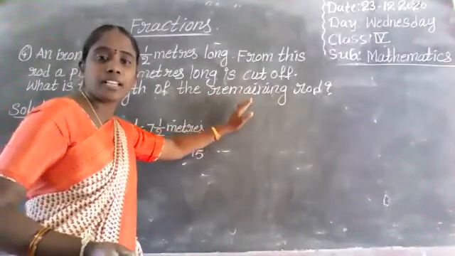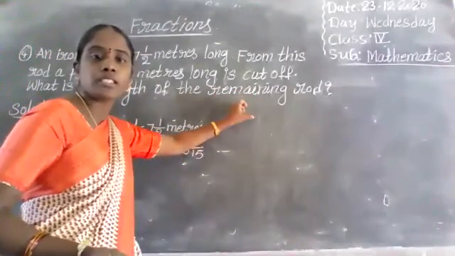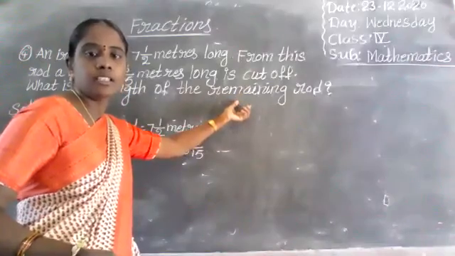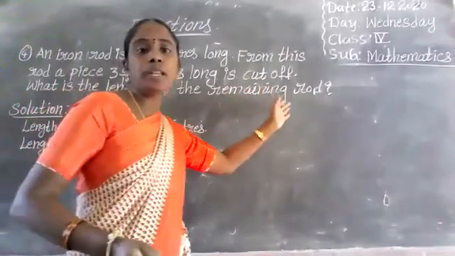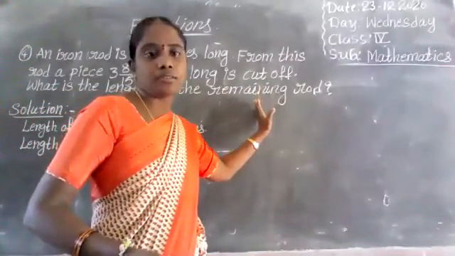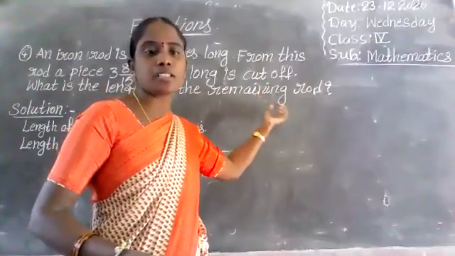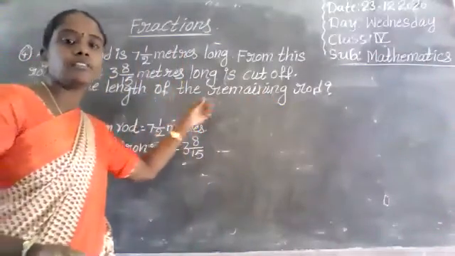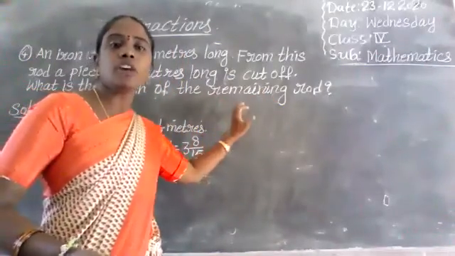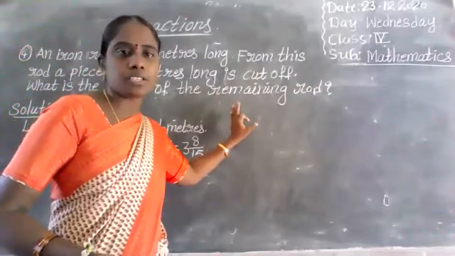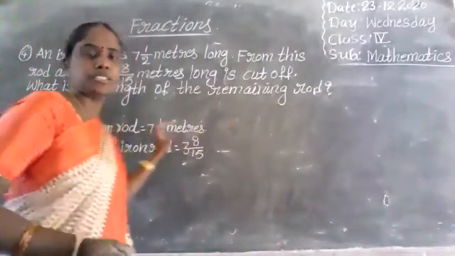Remaining, difference, how much less, how much greater: these terms are used for subtraction. So what is the length of the remaining rod? So what do we do here? Subtraction. We have to do subtraction.